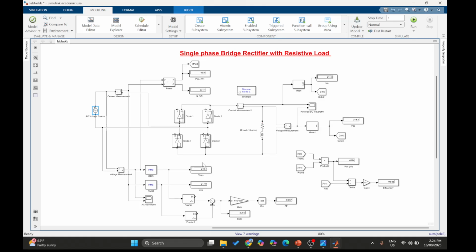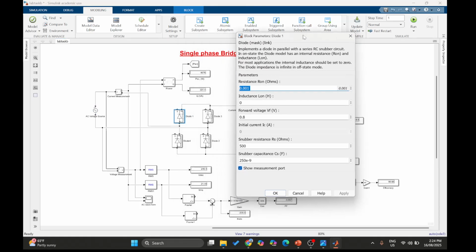The connections of the circuit are similar to the circuit diagram we have seen, and you can see that all the diode parameters will be the same.